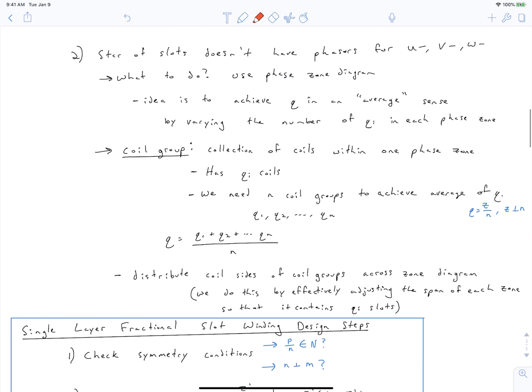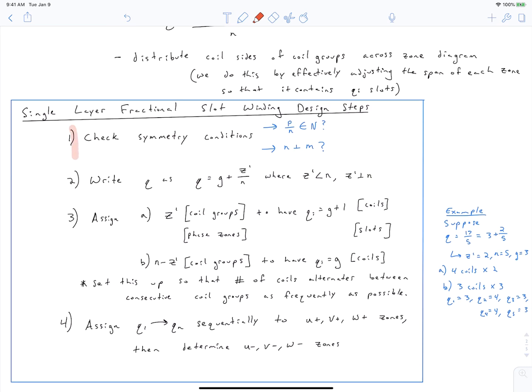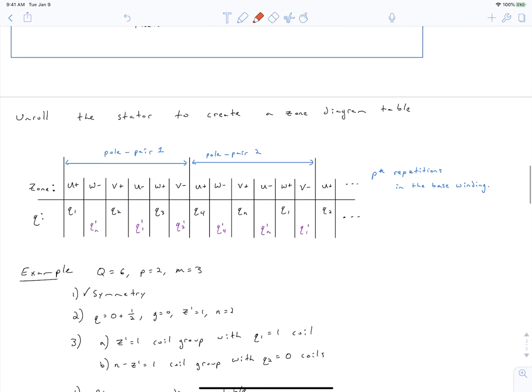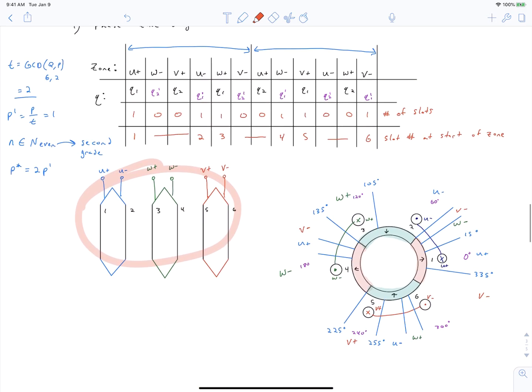We had to come up with a new approach to thinking about winding design, which gave us a very different set of design steps. And this had a focus of going back to our phase zone diagram and distributing the phase zones differently amongst the slots, having a different span for each phase zone. And finally, we concluded with an example of a single layer fractional slot winding.